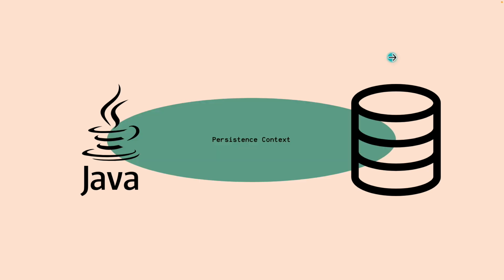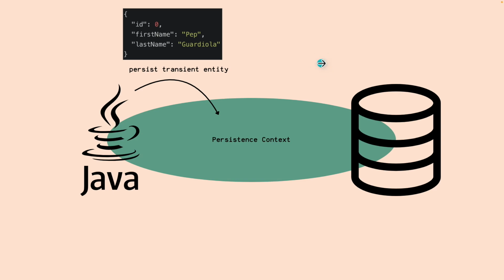While this is true, there's a very important thing in between our Java application and the persistence unit. And this is the persistence context. You can imagine the persistence context like a sort of cache where Hibernate caches objects and also keeps track of the changes of these objects.